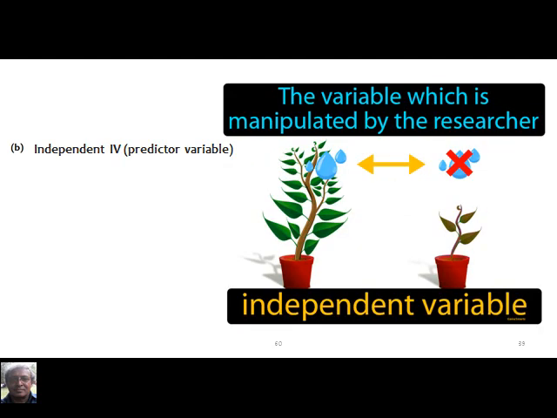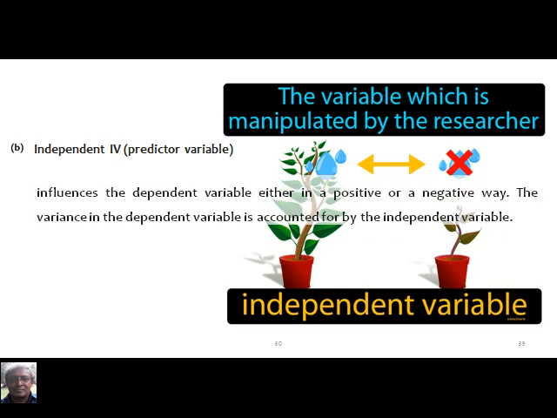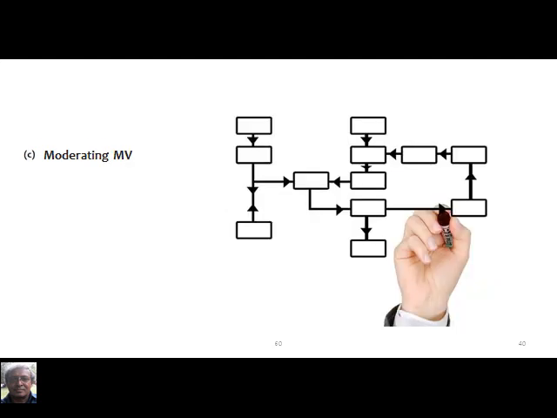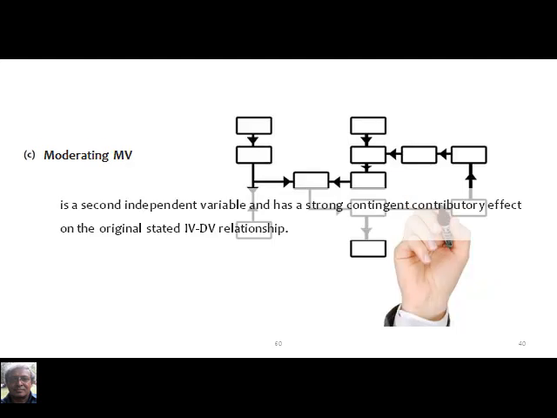Independent variable, IV, or predictor variable, influences the dependent variable either in a positive or a negative way. The variance in the dependent variable is accounted for by the independent variable. Moderating variable, MV, is a second independent variable and has a strong contingent contributory effect on the original stated IV-DV relationship.